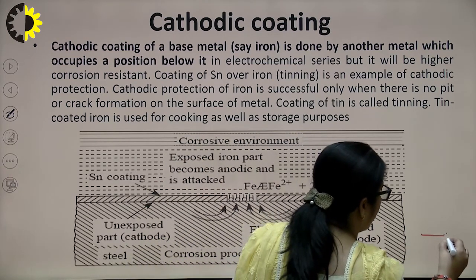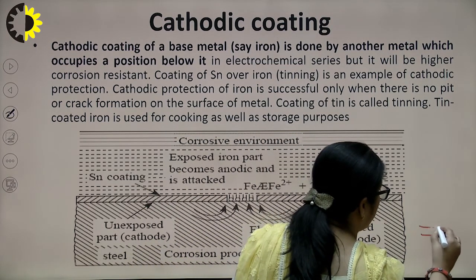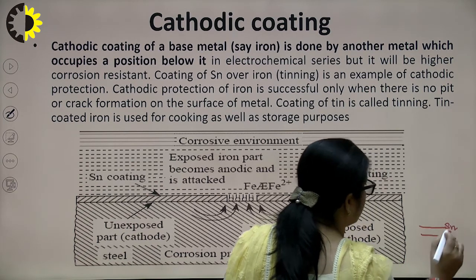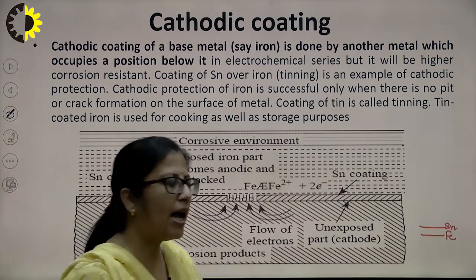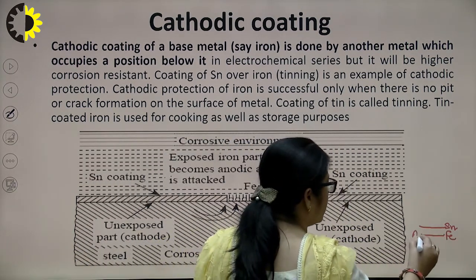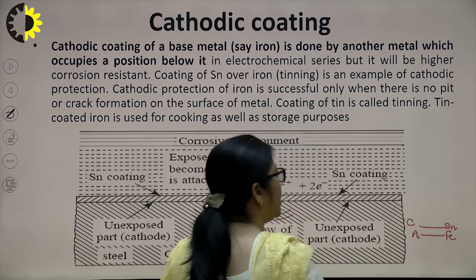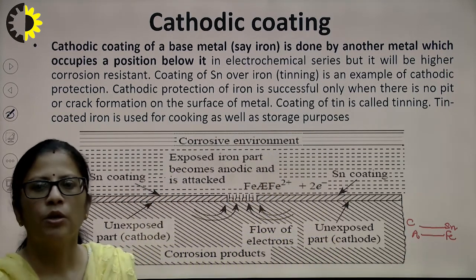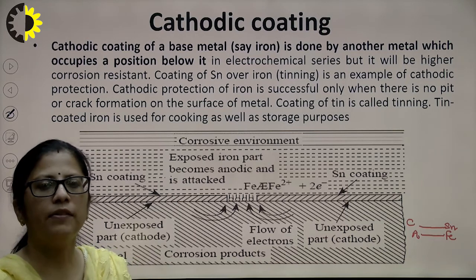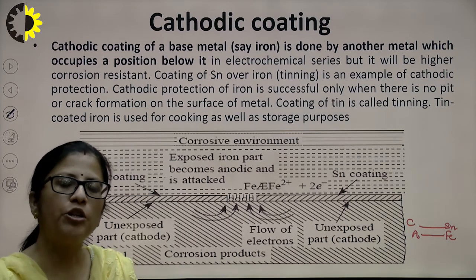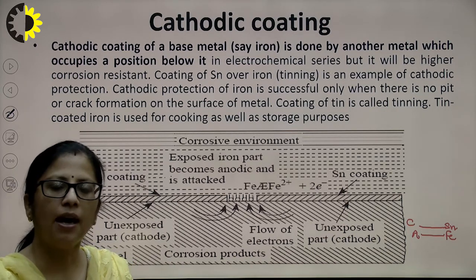If this is the layer of iron, then we do the coating with tin. So, our iron is anode, whereas our tin is cathode. So, because of its less reactivity, noble nature, tin is going to protect our metal, that is the iron.